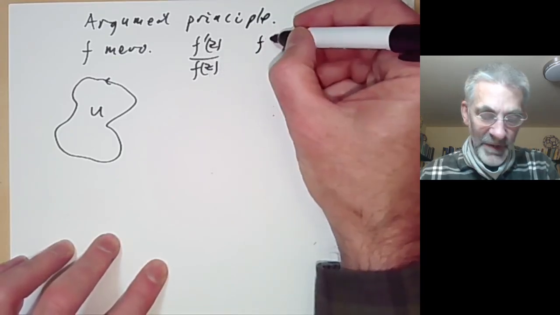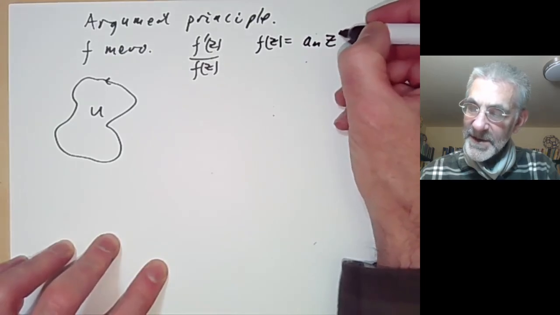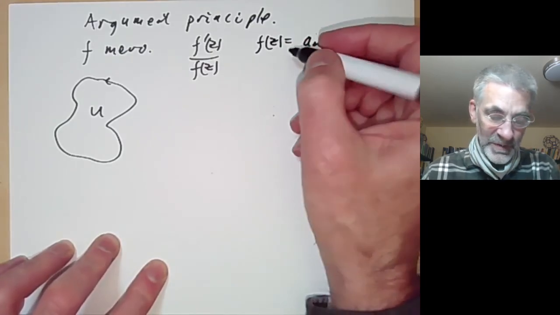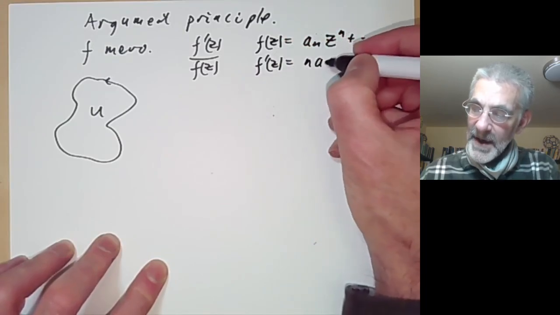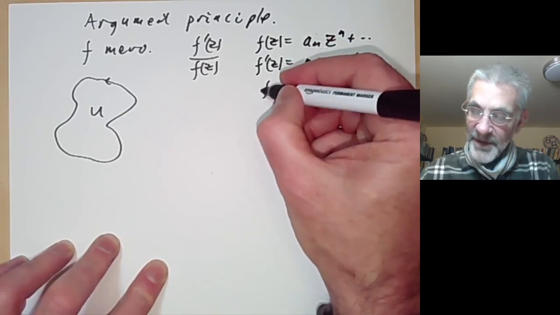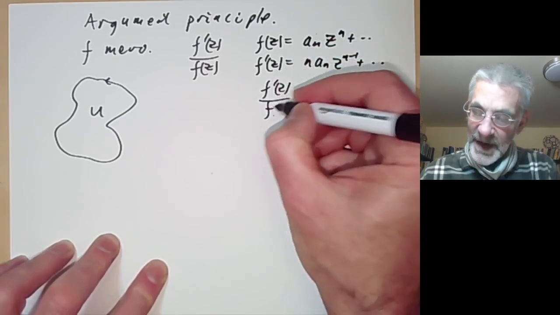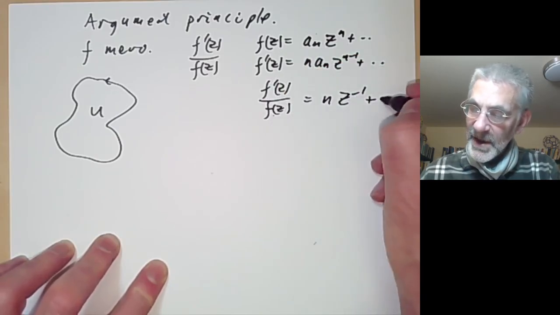But in the meantime, if we look at f of z equals, and suppose it looks like a n z to the n and so on at 0 or at some point, then f prime of z looks like n a n z to the n minus 1 plus something. So f prime of z over f of z is equal to n z to the minus 1 plus higher terms.